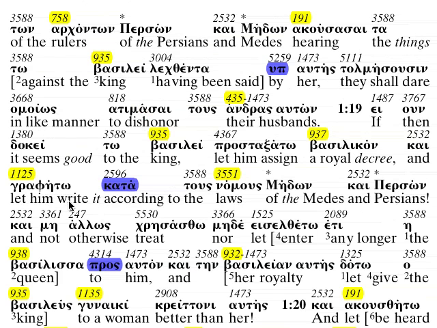Let him write kata, according to the nomus, the laws. Otherwise it would be let him write the laws, but it's according to the laws.